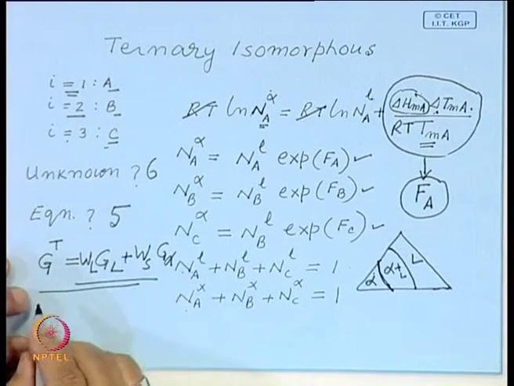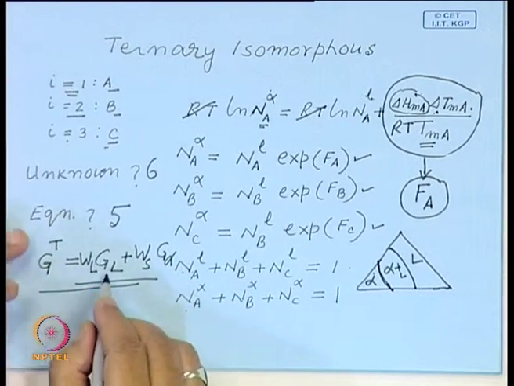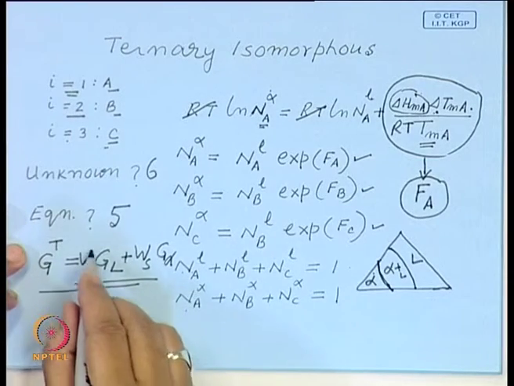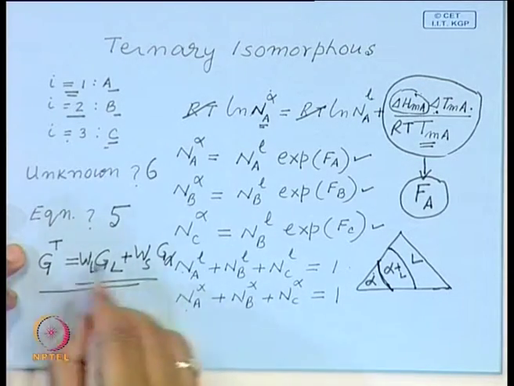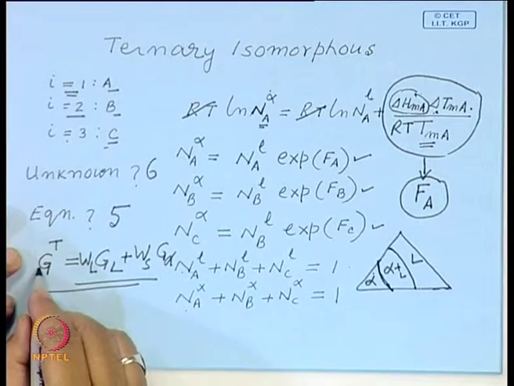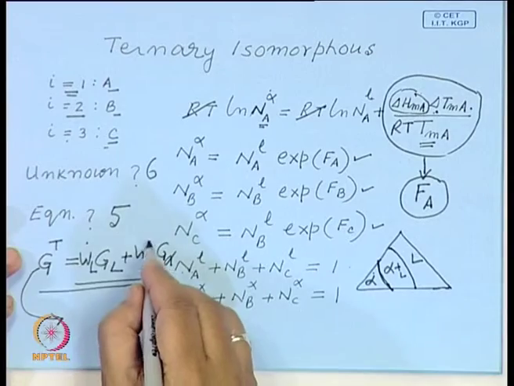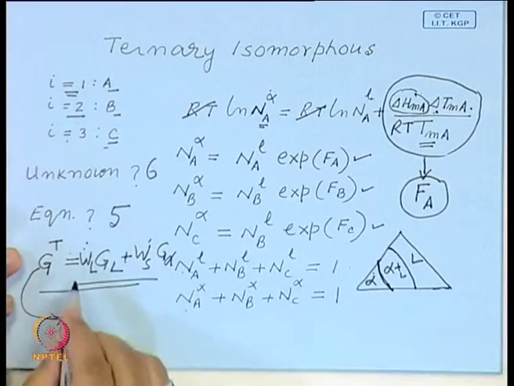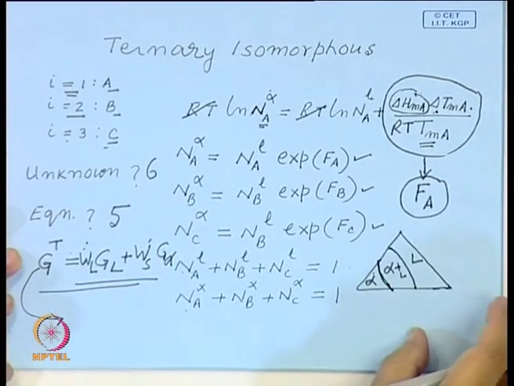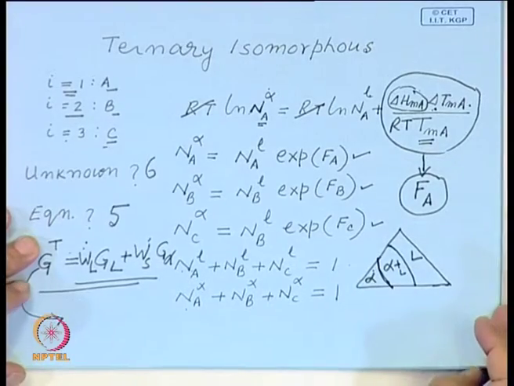You construct this, change these weights, and minimize to find at what values of these weight fractions the free energy is minimum, and this can be done easily on a computer.